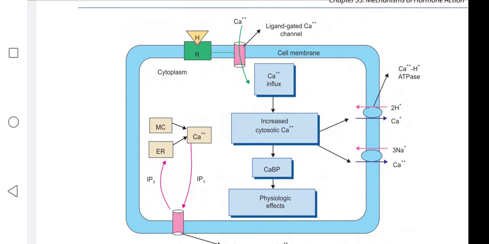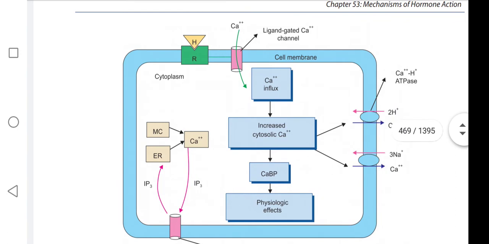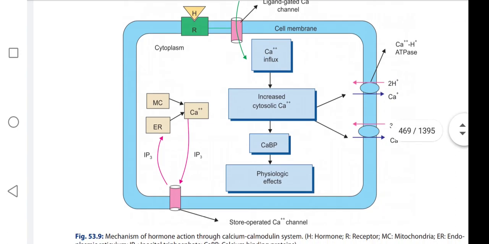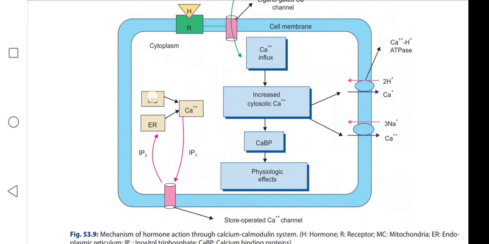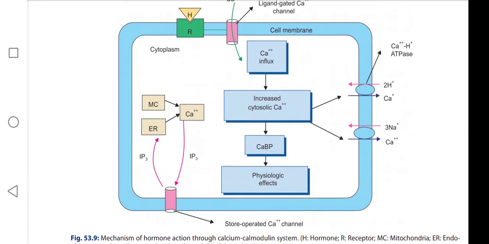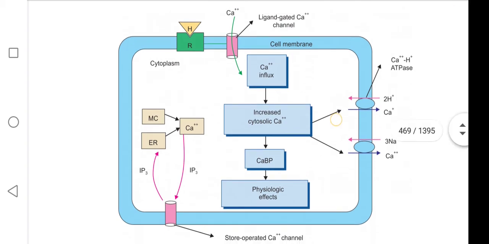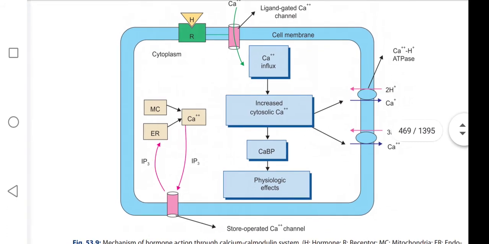When the hormone reacts with the receptor in the cell membrane, it activates the release of calcium from the intracellular components like endoplasmic reticulum and mitochondria. It is regulated by the inositol triphosphate.